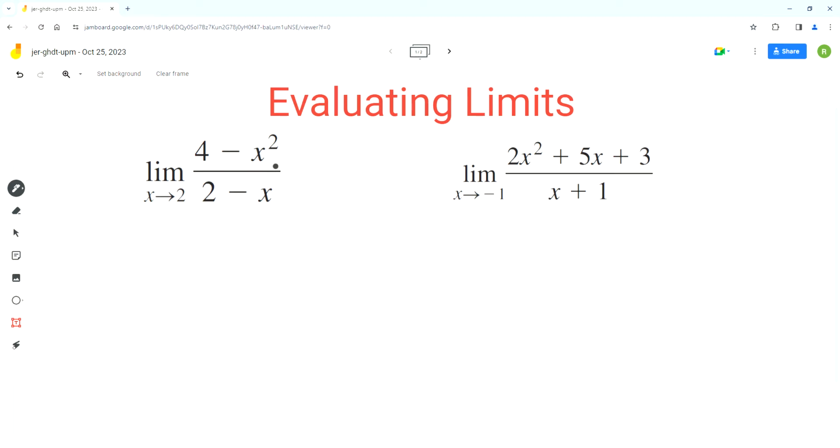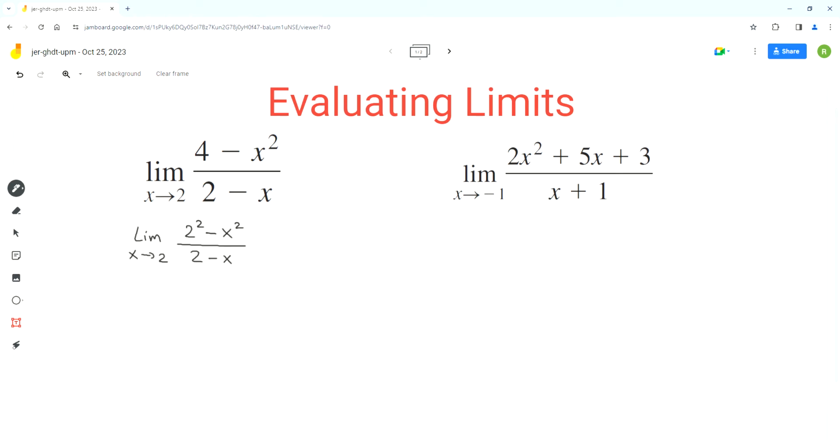Now we can break down the expression in the numerator using the difference of squares factoring method. So we can rewrite this expression as limit x approaches 2, and the numerator can be written as, so we know that 4 is a perfect square, so it can be written as 2 squared minus x squared over 2 minus x.